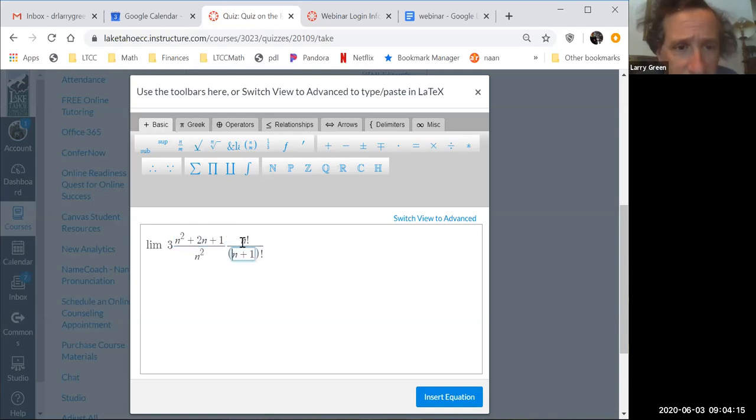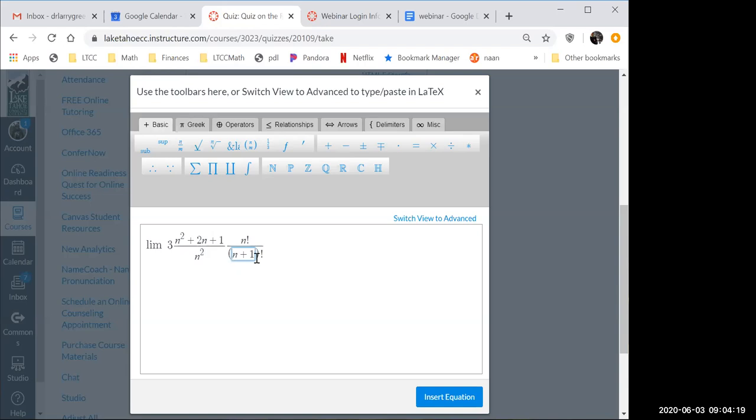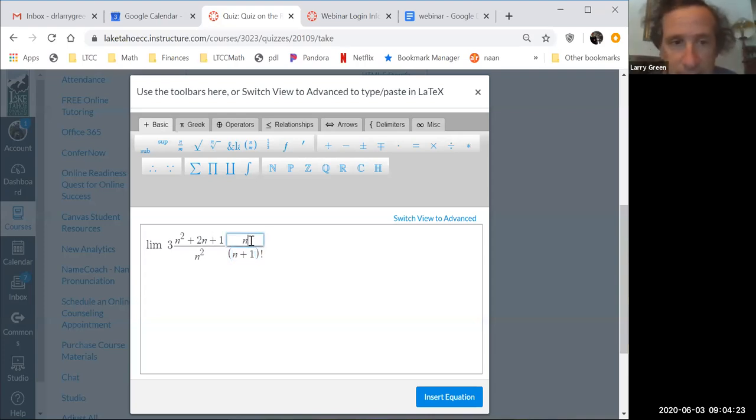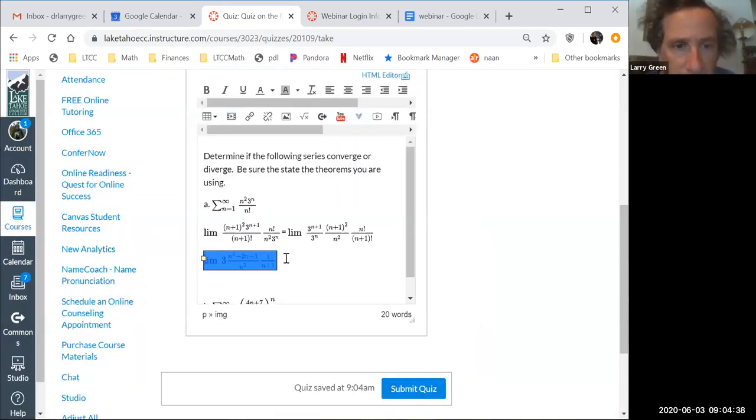And what is n factorial over n plus 1 factorial? Yeah, it's 1 over n plus 1. So that becomes a 1. And then the denominator becomes an n plus 1. Any questions on that? Okay, well, now we're in good shape because look at the numerator and look at the denominator.